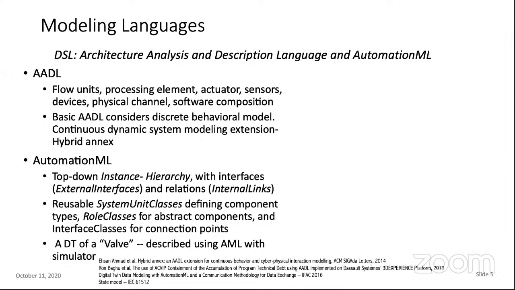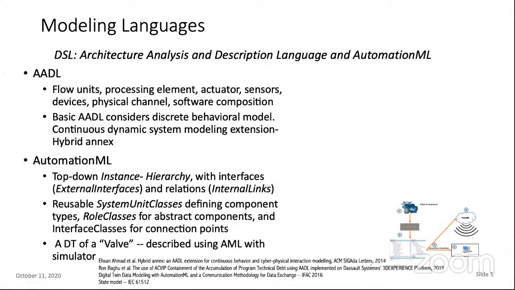One example, which I've just taken from a paper, could be a digital twin of a valve, which one can describe using AML. One can do a simulation of this valve, and one can check the different parameters of the valve using another application which can interact with the digital twin.